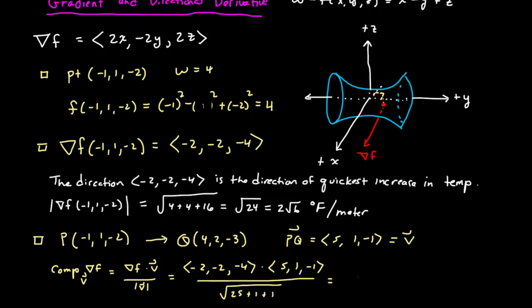And in the end, this comes out to be (-10, -2 plus 4). I might as well do the dot product. Okay, over the square root of 27. So that comes out to be -8 over the square root of 27 degrees Fahrenheit per meter if we move in the direction from point P to point Q.